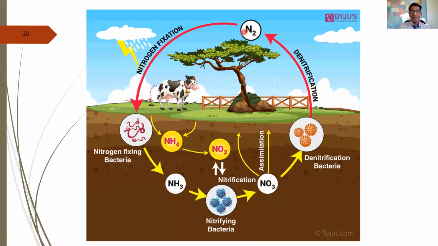Again, very briefly, I can summarize: the nitrogen can be fixed by bacteria, which live in two ways, host dependent and host independent, and it becomes ammonia. Then another bacteria converts it to nitrate, and this can be absorbed by a plant to create organic nitrogen compounds like amino acids, protein, and so forth.